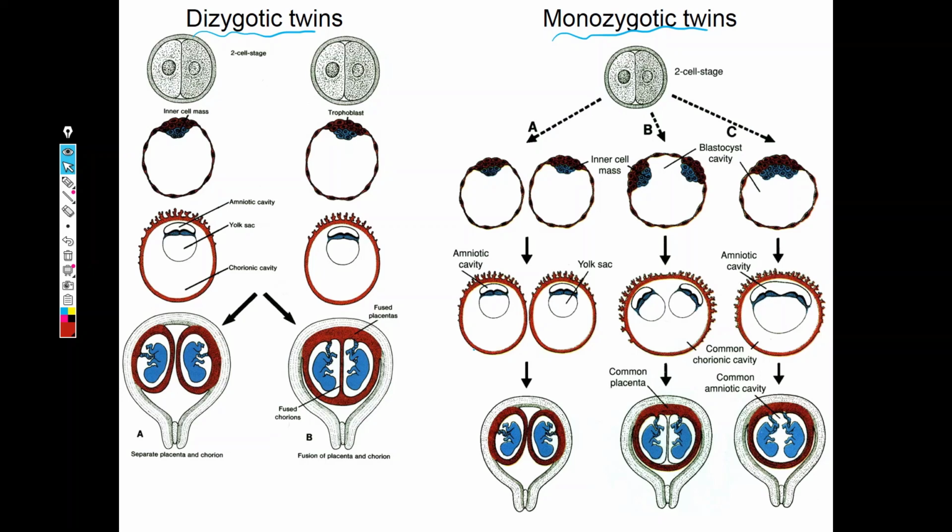These two blastocysts that were created can be implanted close together, like in this case, or they can be implanted separately and develop completely separately.